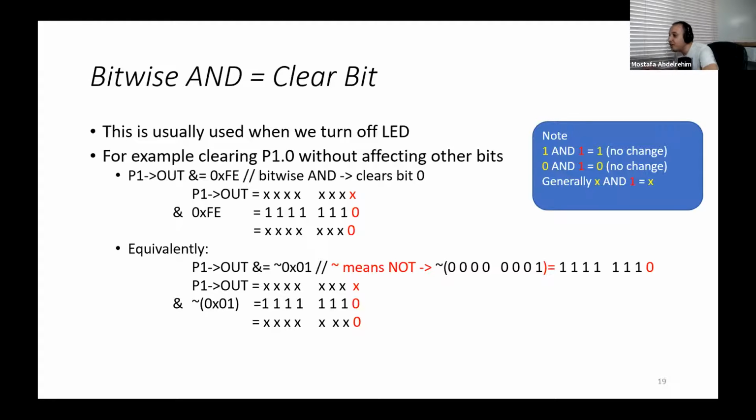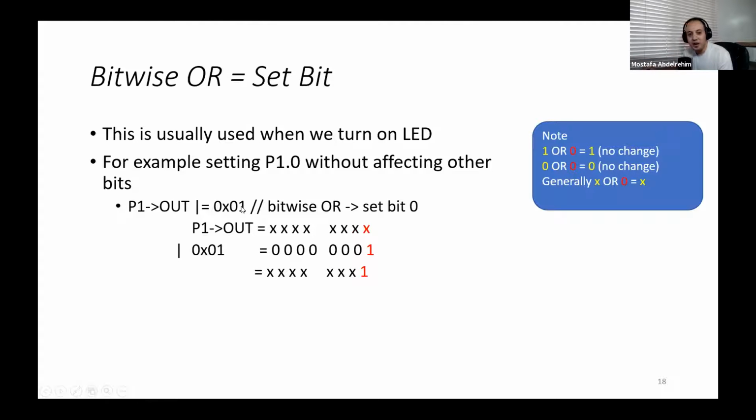Also, there is an easier way to do it. That way is also famous, and if you search on the internet, you will see many examples like this. Instead of dealing with FE, you can do it with the negate or the complement of 0x01. The bit that you're going to reset or clear is bit 0, and in our example here, we use 0x01 for bit 0.